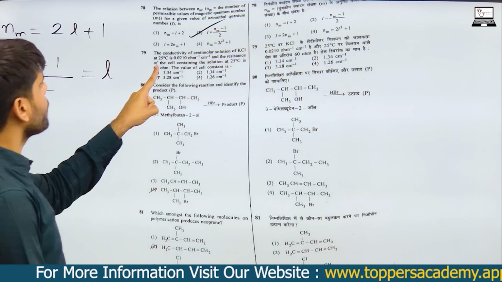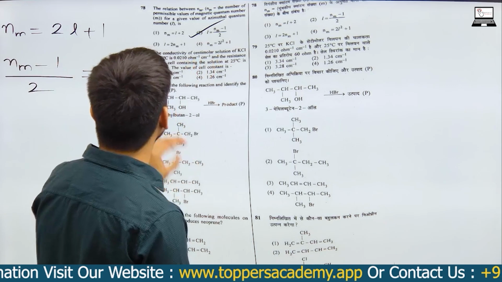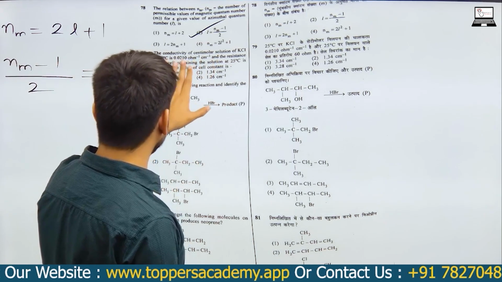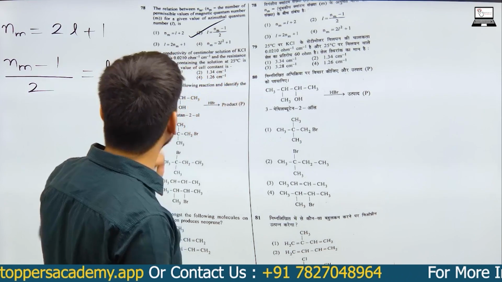Next question. The conductivity of centimolar solution of KCl at 25 degrees Celsius is this, and the resistance of the cell containing the solution is this. Find the cell constant.